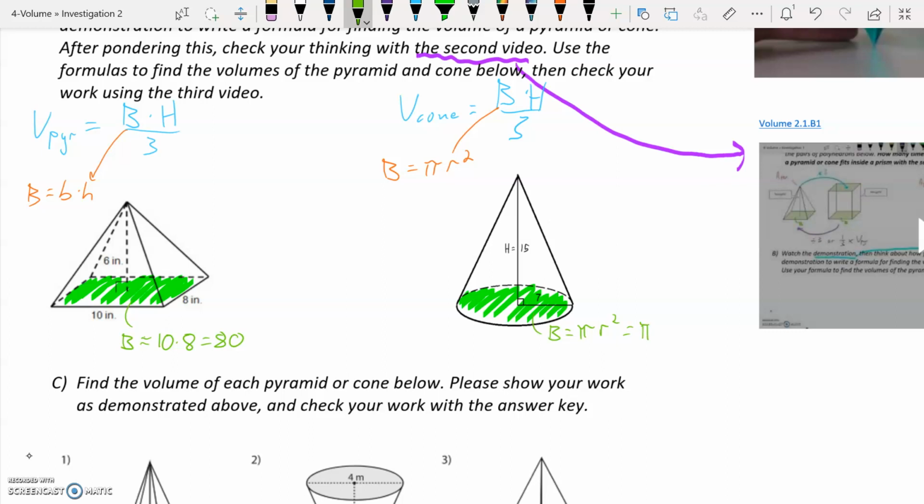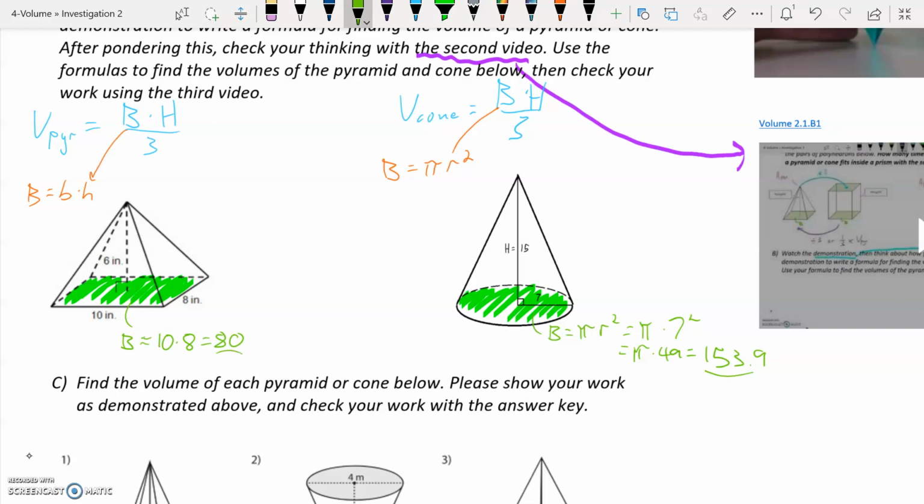And so that is pi times 7 squared, which is pi times 49, which ends up being 153.9. Okay, so that's the first part for both of those, just like you would for a prism or a cylinder, is just find the area of the base.